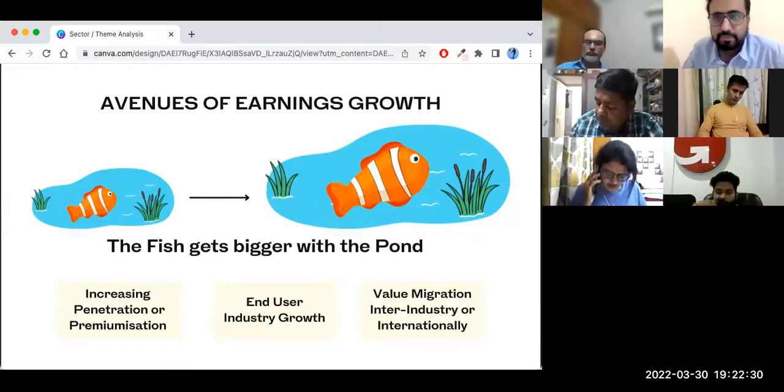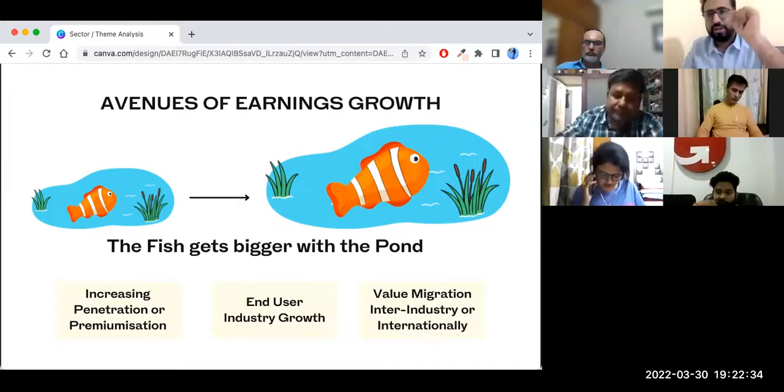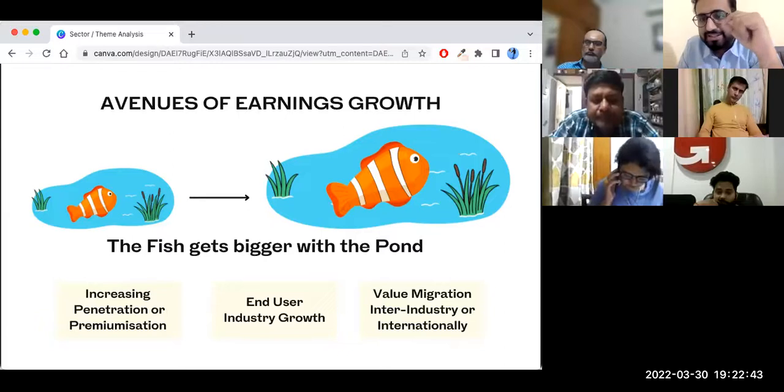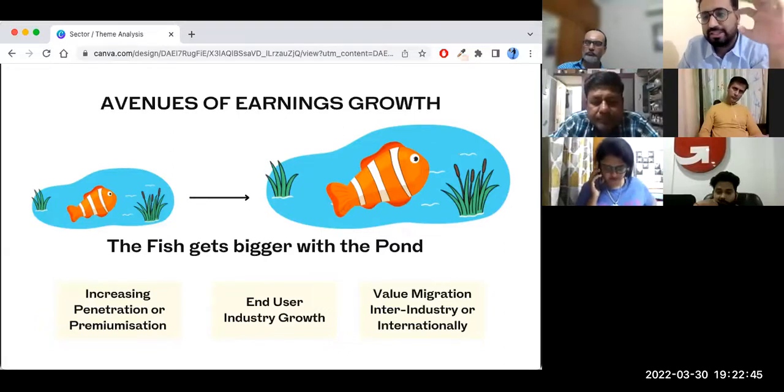Now there are three ways that this can happen. Right? First way, increasing penetration or premiumization. And this is where I'll give examples. Okay.